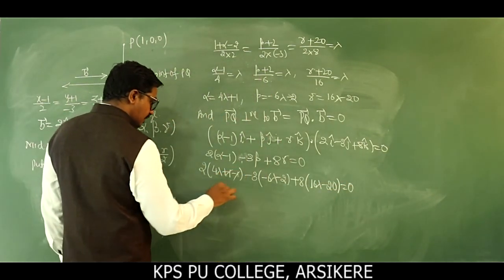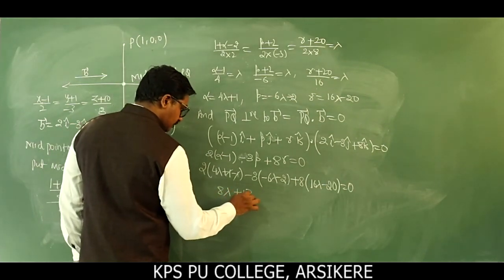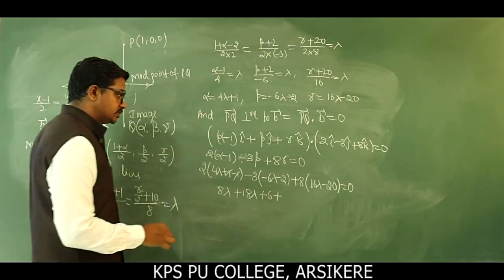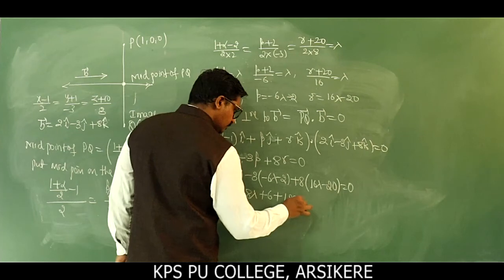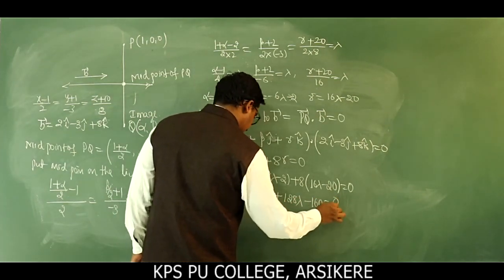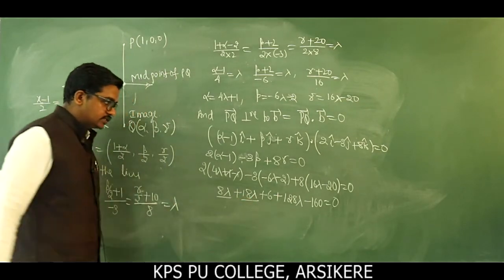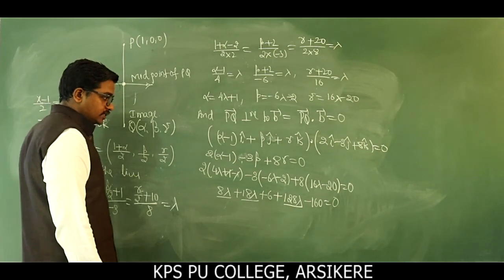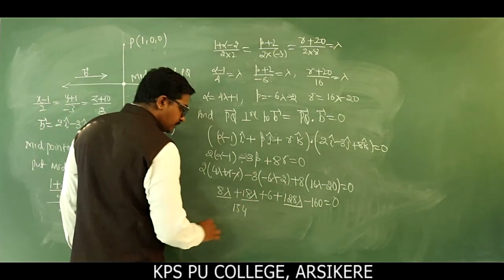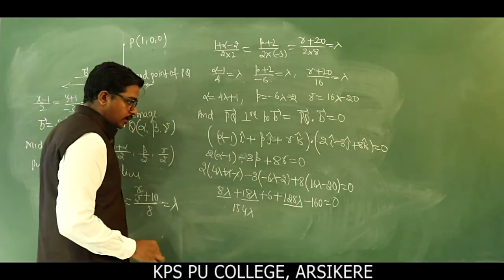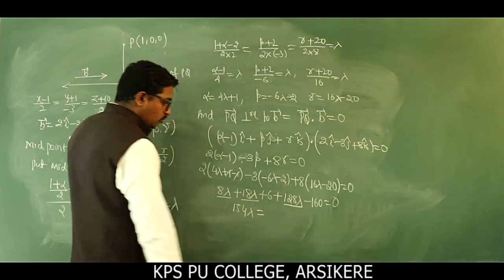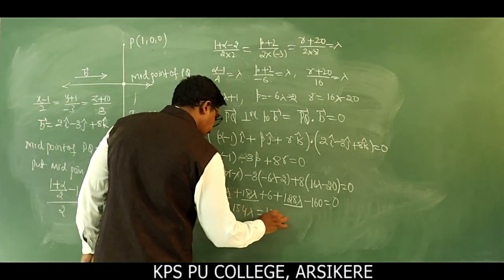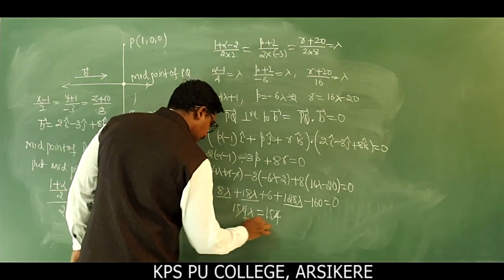That becomes 8 lambda plus 18 lambda plus 6 plus 128 lambda minus 160 is equal to 0. 8 plus 18 is 26, plus 128 becomes 154 lambda, and 6 minus 160 is minus 154. Moving to the right-hand side, 154 cancels, and lambda is equal to 1.